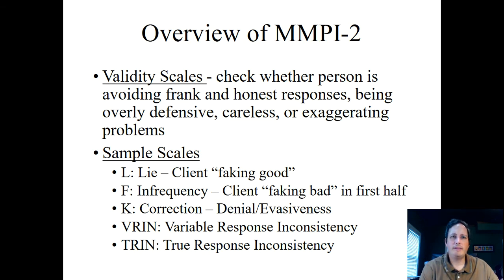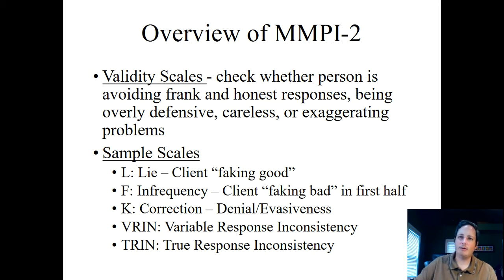And so the lie scale is sensitive to very unsophisticated attempts to avoid answering in a frank and honest manner. You have the F scale. This is where you're faking bad, but only faking bad in the first half. Then you have a correction scale where people are denying symptoms. And you can see the variable response inconsistency and true response inconsistency.